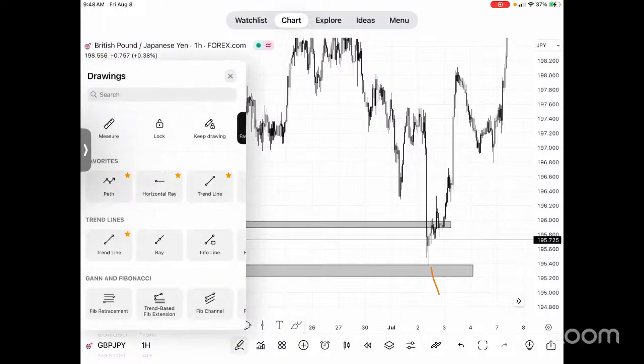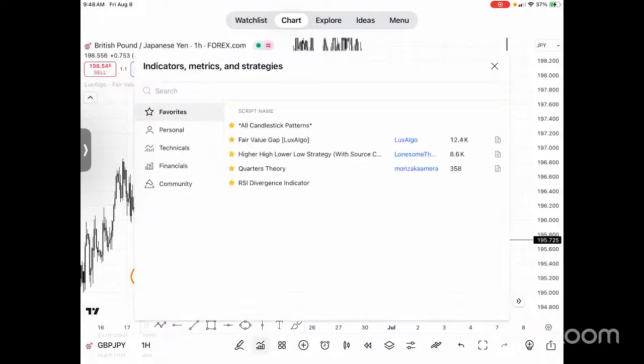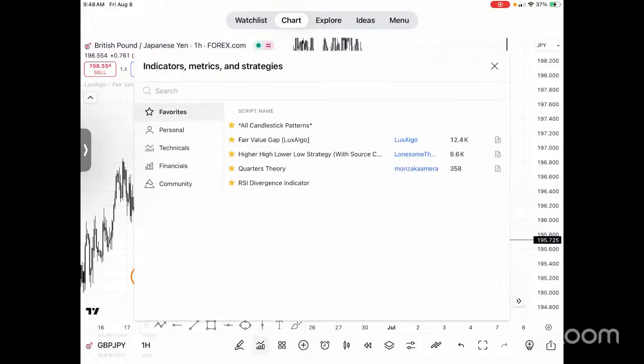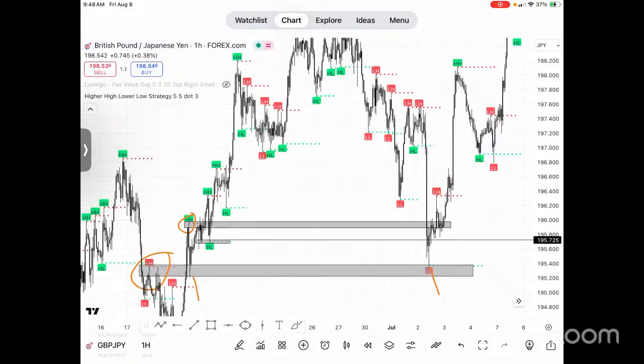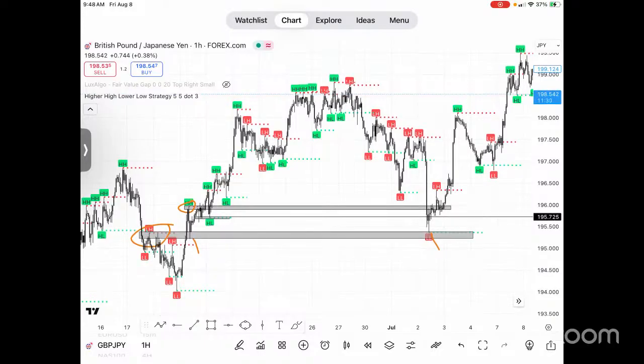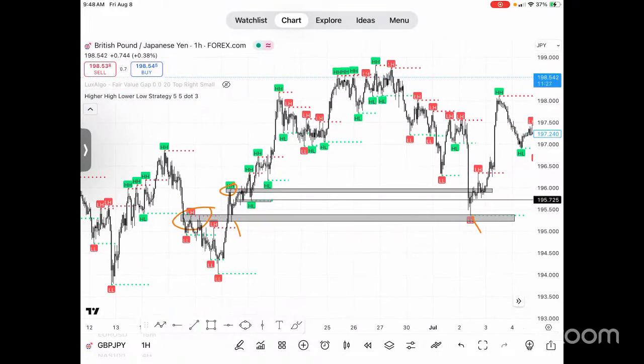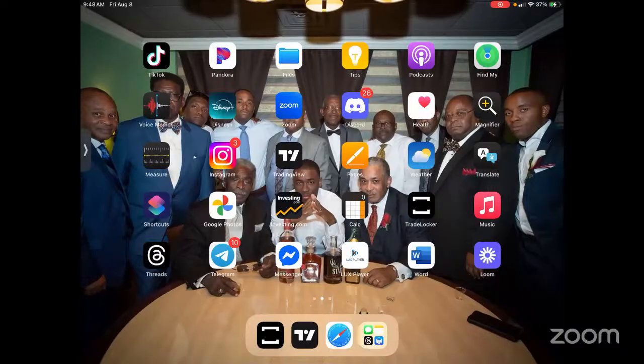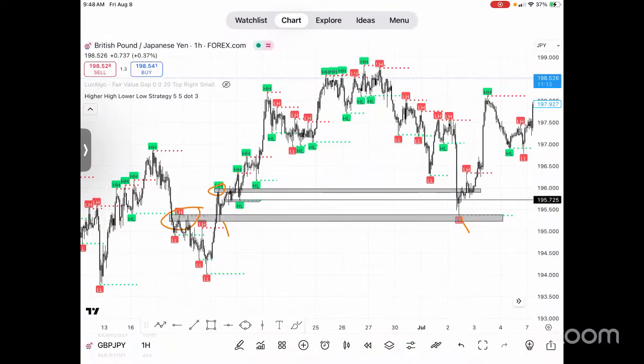So you come over to indicators and look for the Higher High, Lower Low strategy, Lonesome 8.6. It's going to give you your highs and your lows. You see how it looks on the chart? I can guarantee you, I can go to a blank chart and identify the same structure areas.